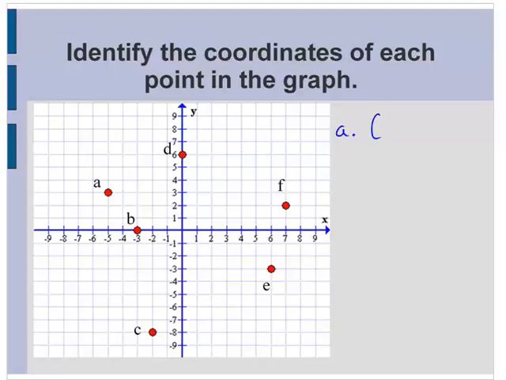A could be identified by the ordered pair (-5, 3). Now take a moment, pause the video, and identify the remaining 5 points by their respective ordered pairs.